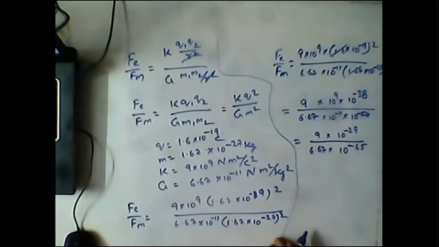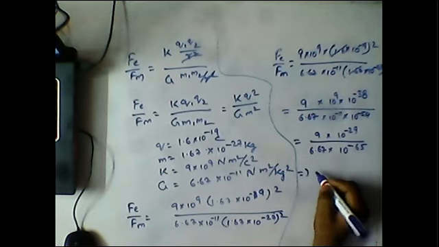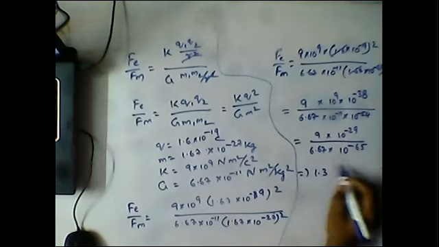When you cross-check, 9 by 6.67 approximately gives the value 1.3. Like that we can write 1.3.